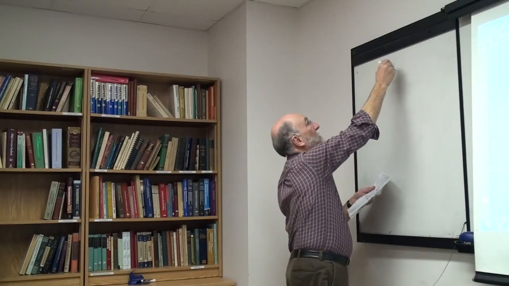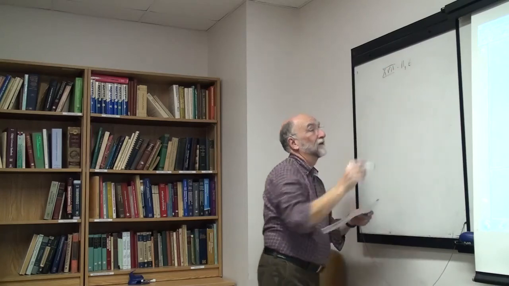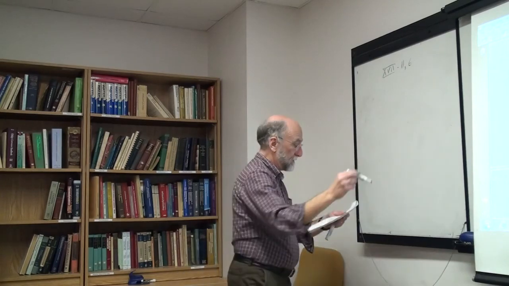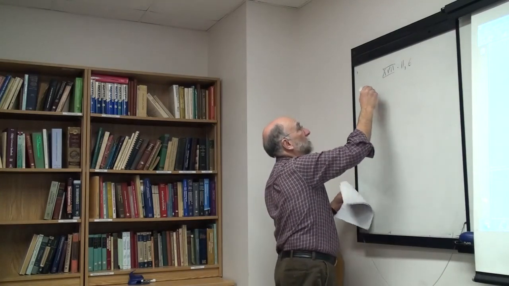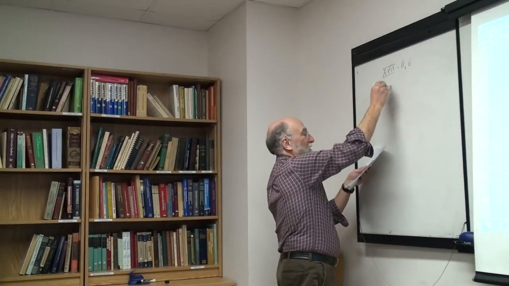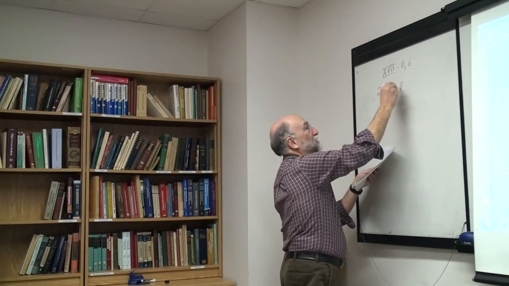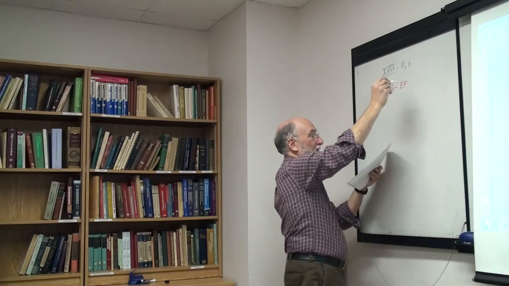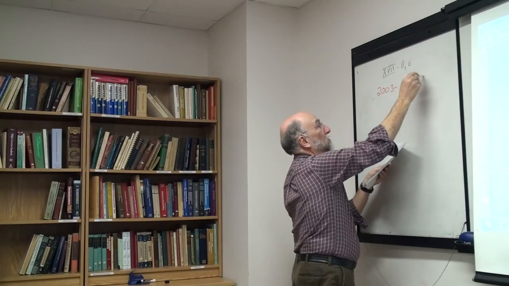17, 11, and 6. People at home can't read red, it doesn't matter, they're not going to do the homework anyway. 2003, examen final, numbers 1 and 3.